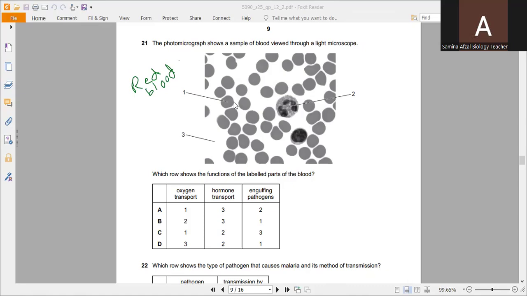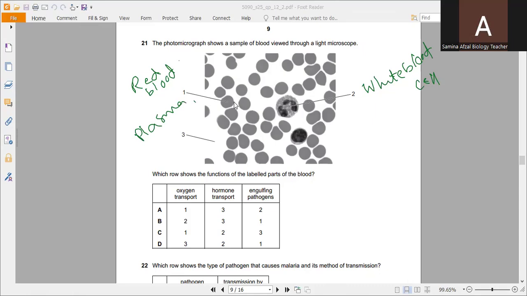So we will write it as white blood cell. And at 3, you can see this is not any cell, so it is plasma.